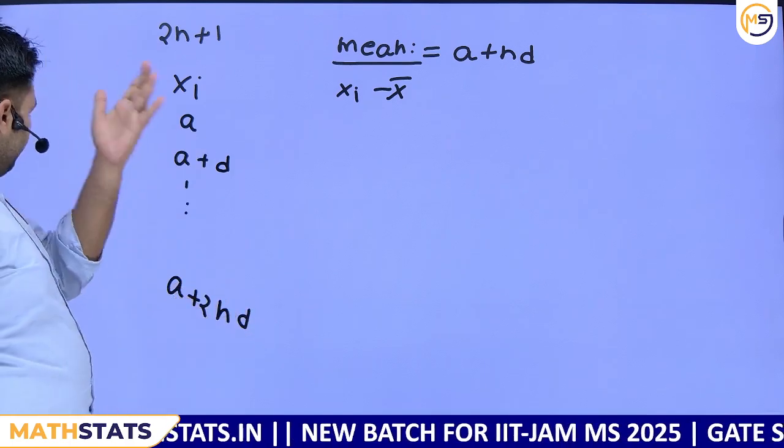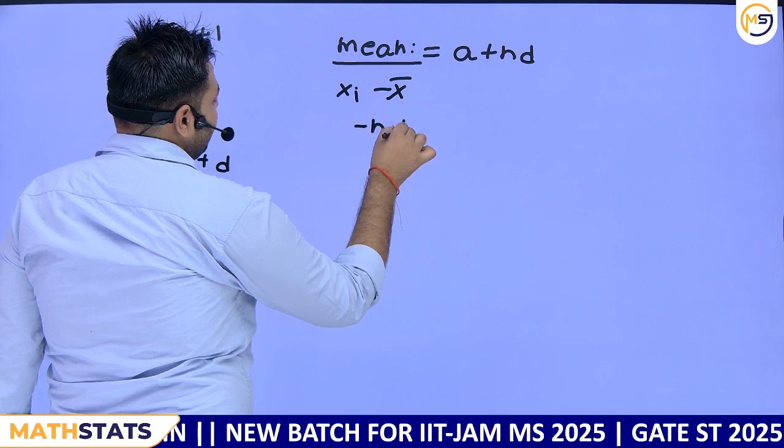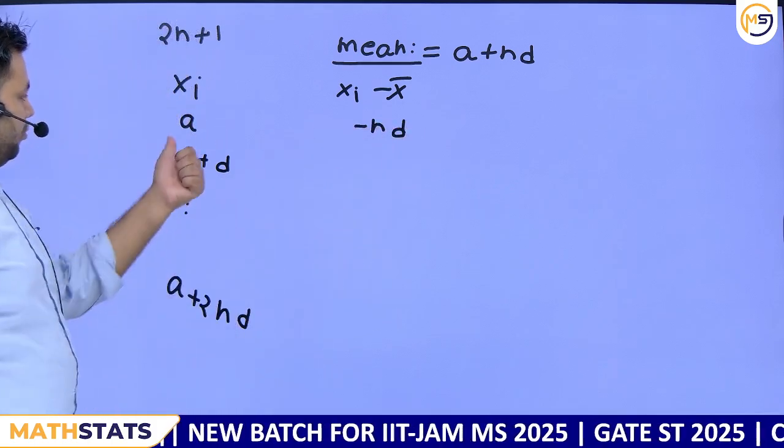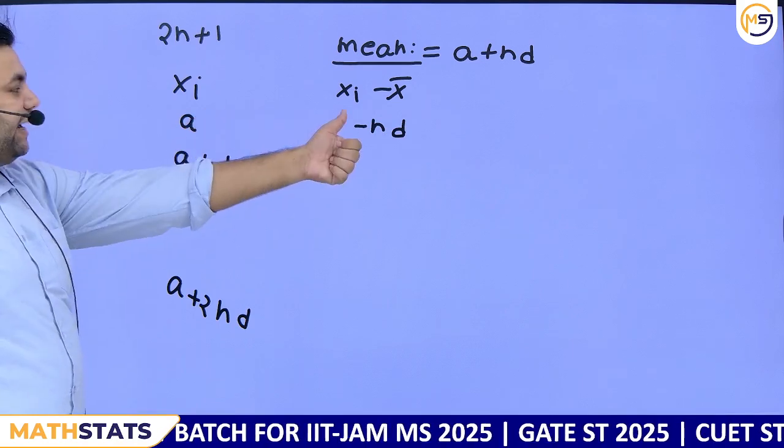So when we subtract the mean, you will get minus nd, right? When you subtract the mean here, you will get minus nd.